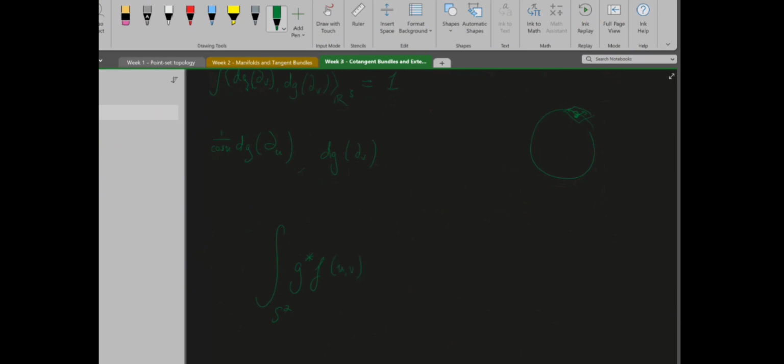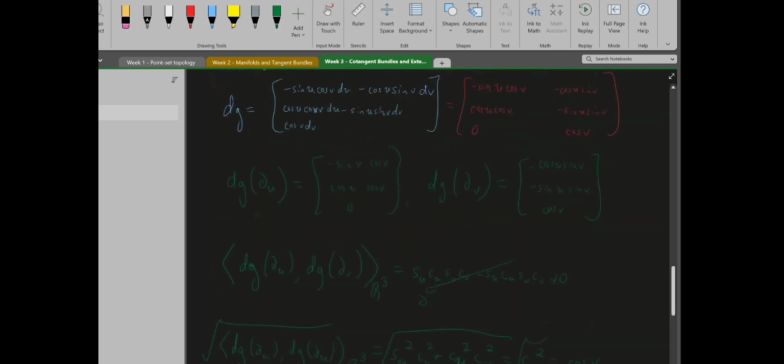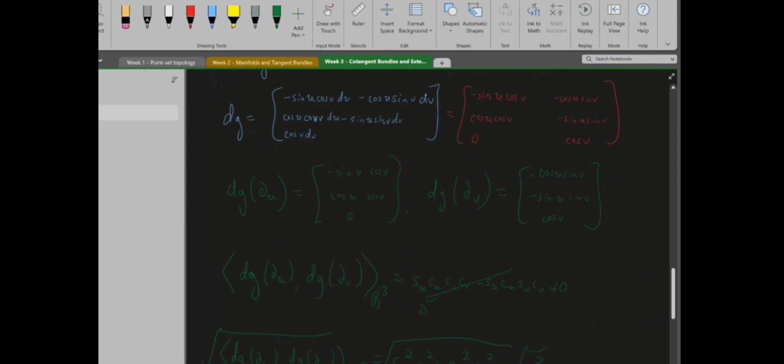And then you put over cosine u. And then you have dg del u wedge dg del v. And you can just take what these are and simplify them, and you'll get this nice little thing.